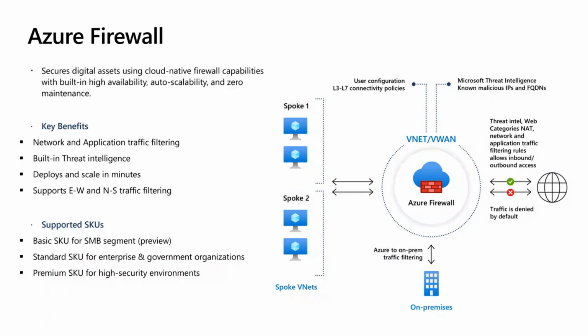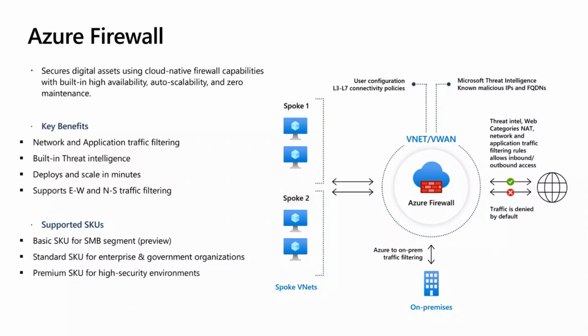Azure Firewall is a cloud-native firewall. Cloud-native meaning we saw the benefits before with private link, quick to deploy, less operational work. It has built-in high availability. You all, from your perspective, deploy a firewall, and it takes care of the scale and the redundancy and availability underneath the hood.